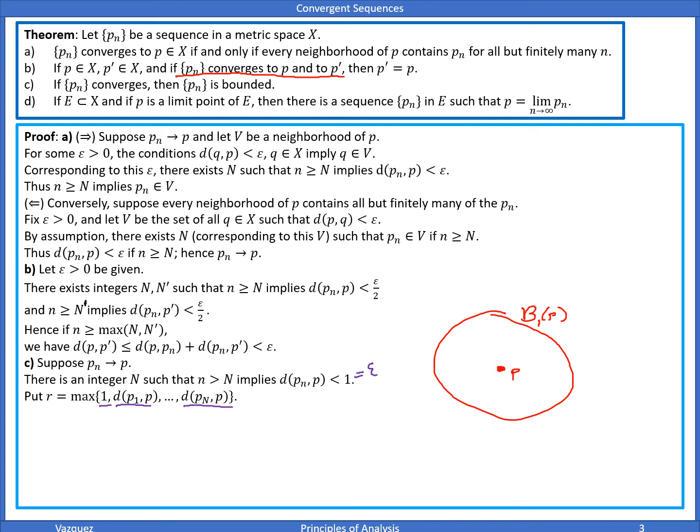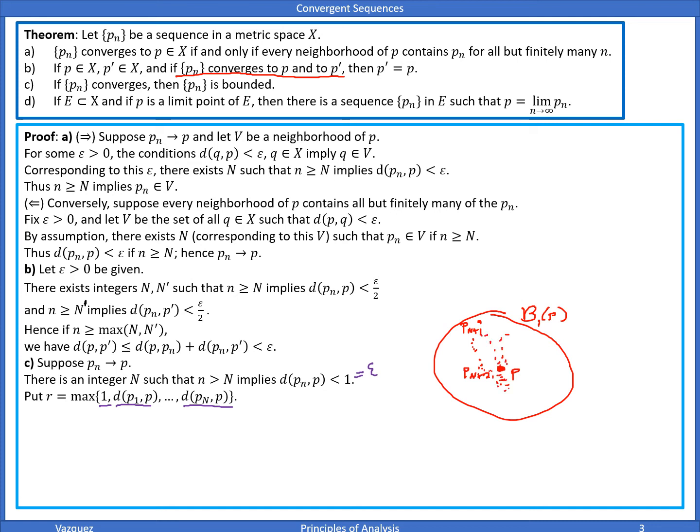So what points are in here? All the points after n: P sub n plus 1 is in here, and everything after that, n plus 2 and so on, right? It's just a bunch of points, infinitely many in fact.